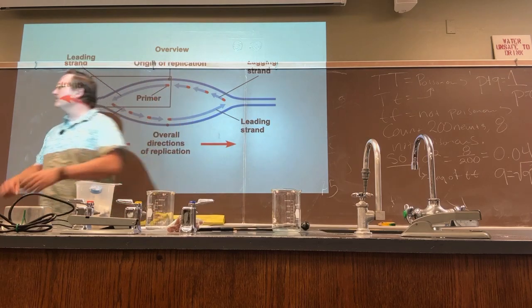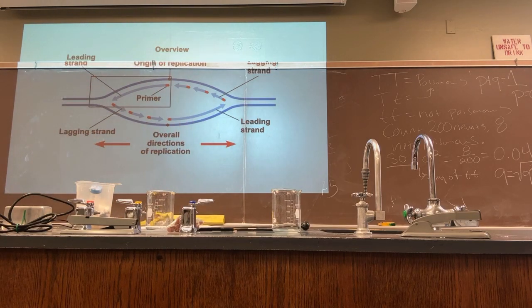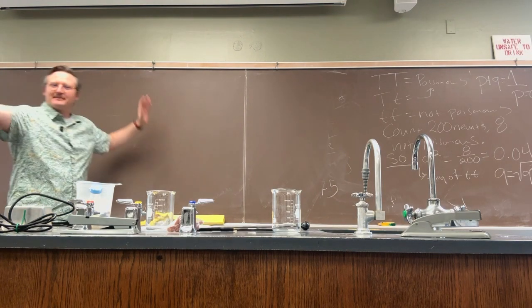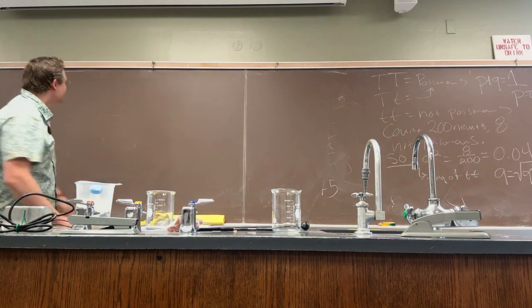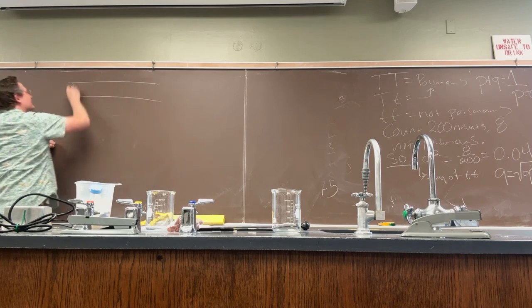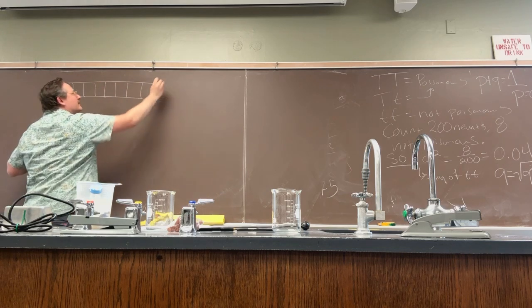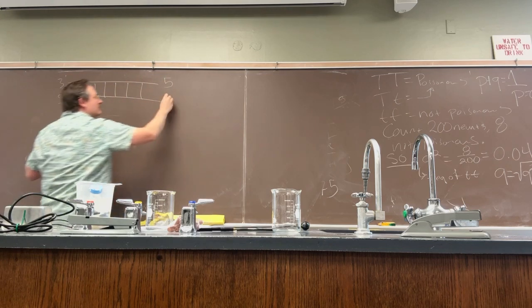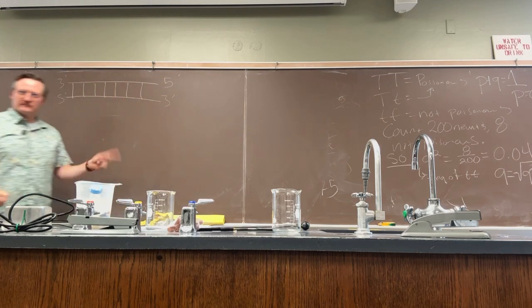I'm going to actually not rely on the PowerPoint image, and we're just going to do some classic Blackboard work. Sound fun? Okay. So here's the DNA strand. It's anti-parallel. Right?